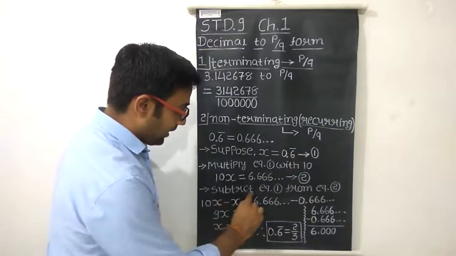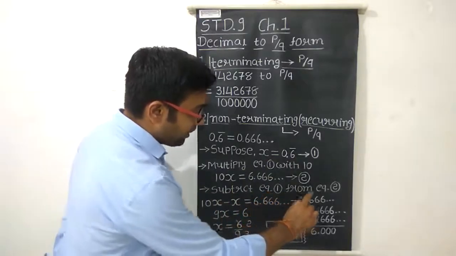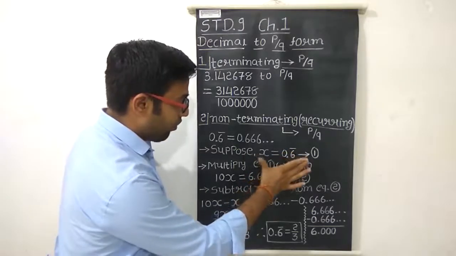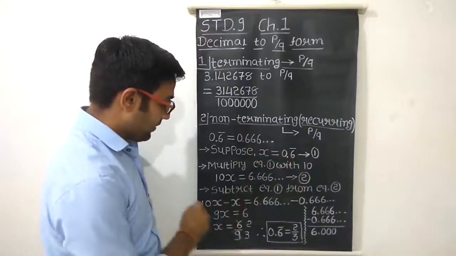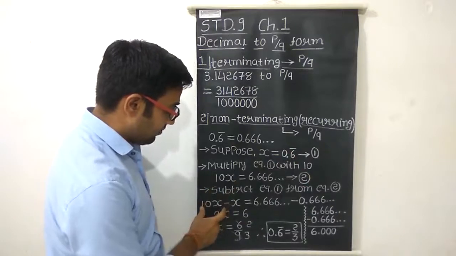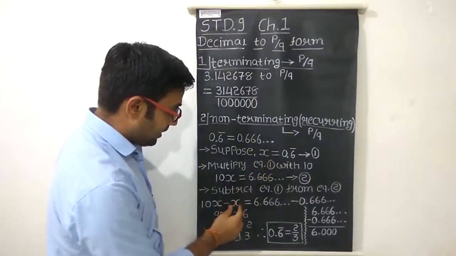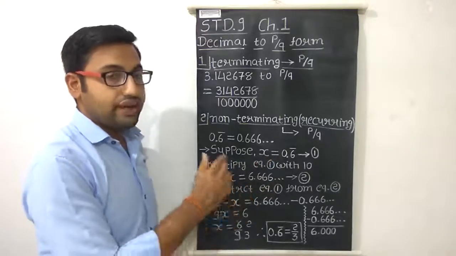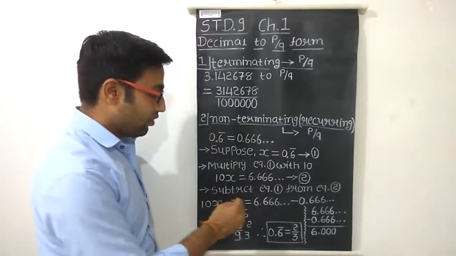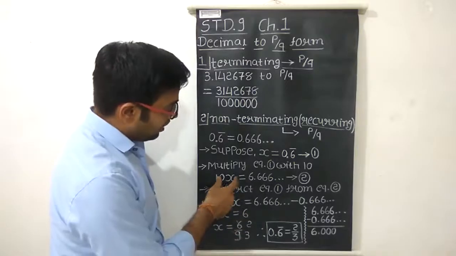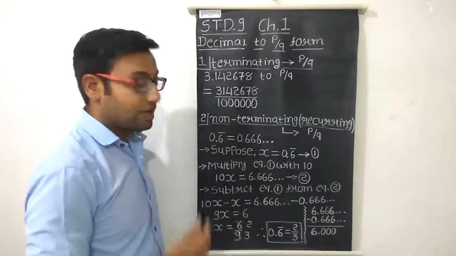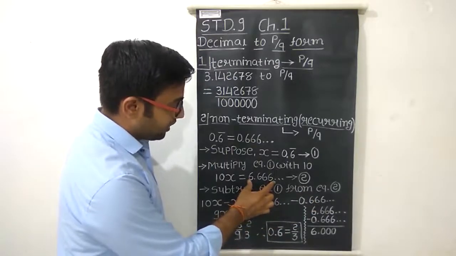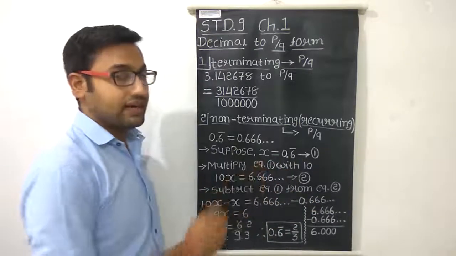So subtracting equation number 1 from equation number 2, we will subtract this equation from this equation. As we are subtracting two equations, we have to subtract the left hand side of one equation and the left hand side of the second equation, and on the right hand side we have to subtract the right hand side of one equation and the right hand side of the second equation.